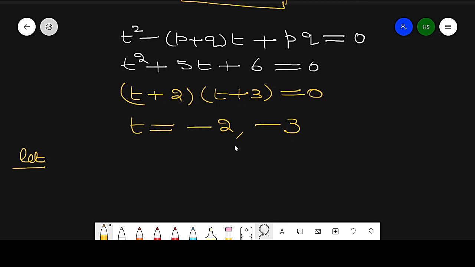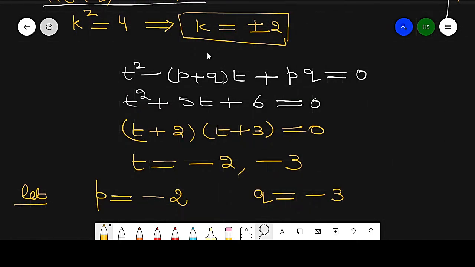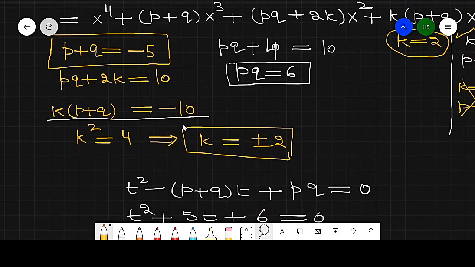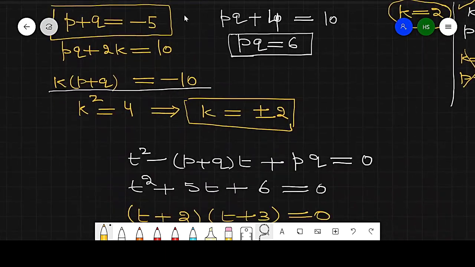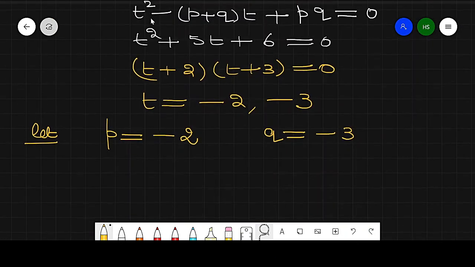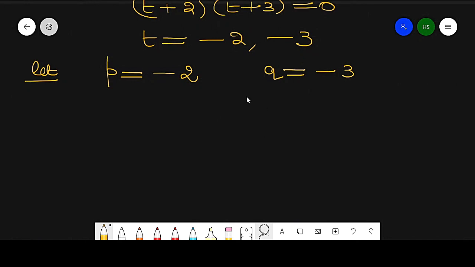Let the first root p be equal to minus 2 and q equal to minus 3. Now the given equation is x square plus px plus k, with k equal to 2, and x square plus qx plus k, with k equal to 2.